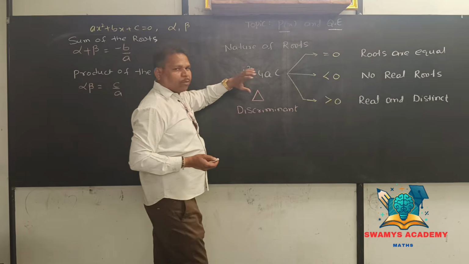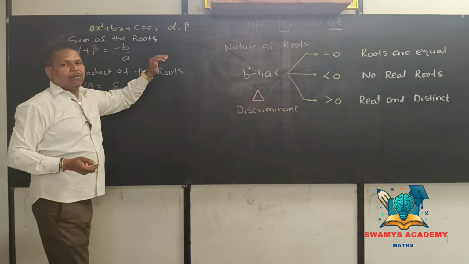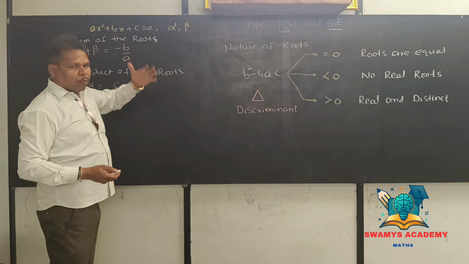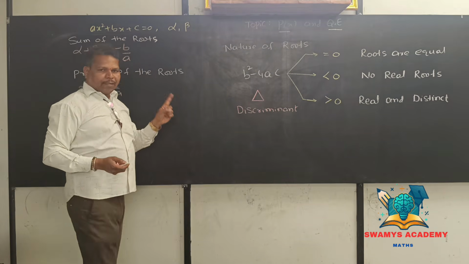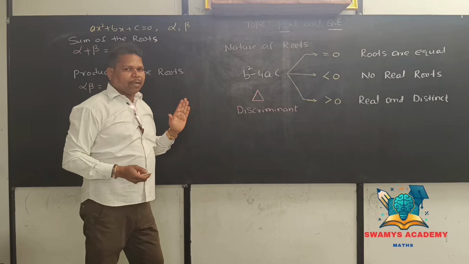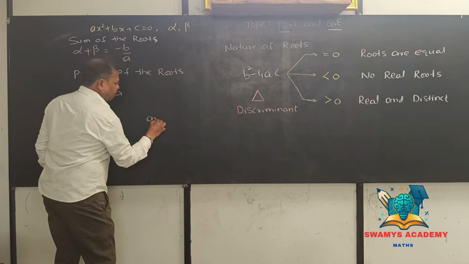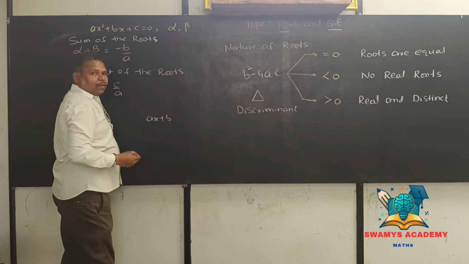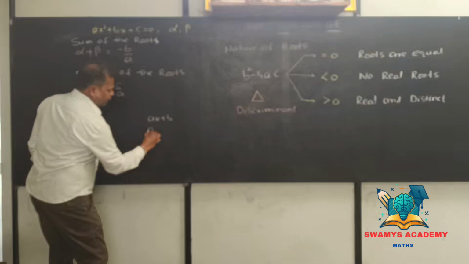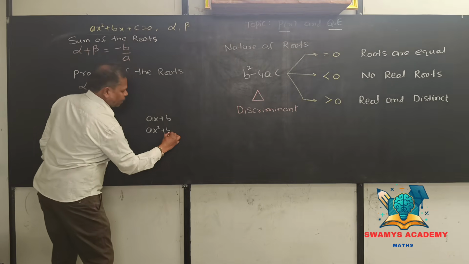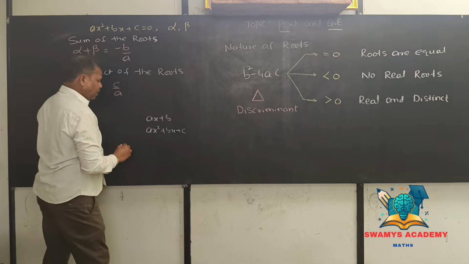So this is the explanation about the polynomial and the quadratic equation. Once again, overall we'll glance at it. Degree 1 is a linear polynomial, standard form ax plus b. Degree 2 quadratic, standard form ax square plus bx plus c.